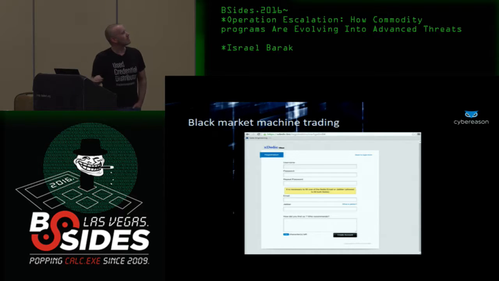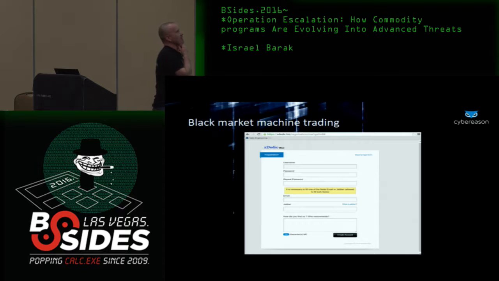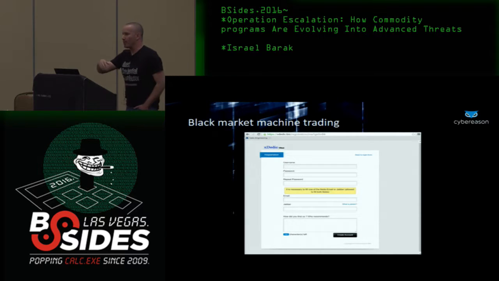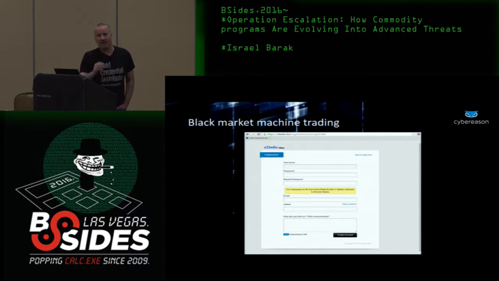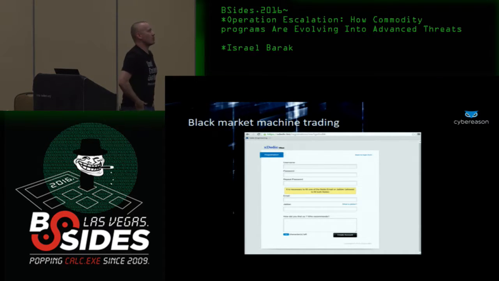One of the things you see here is they like to use tools like Jabber for communication. Typically it's perceived as a relatively privacy-oriented tool. And here on the bottom, there's a reference part. As part of the registration process, the question is, how did you find us?